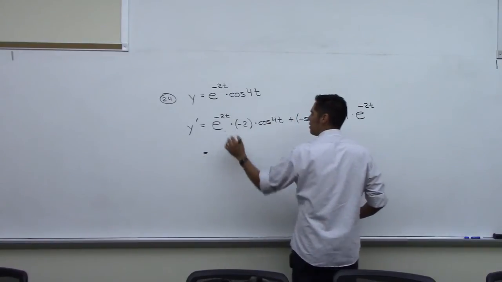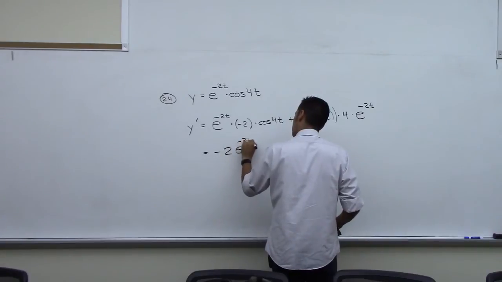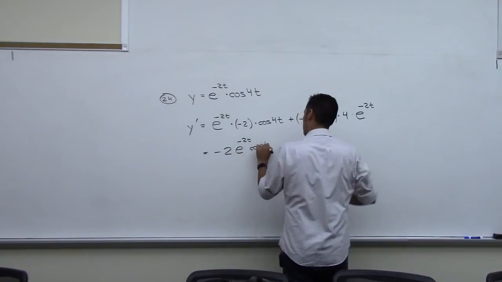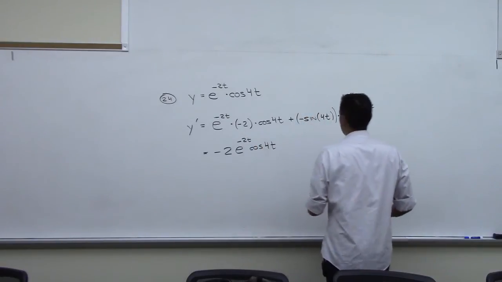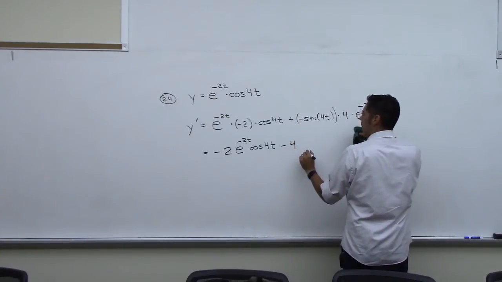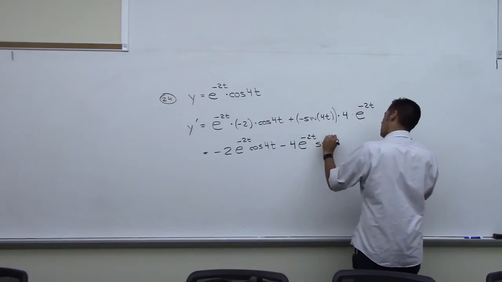Negative 2 times this, I'm just going to put negative 2 e to the negative 2t cosine 4t. And let's see, we're going to have a minus here also. So minus 4. I have an e to the negative 2t again. Then this time sine of 4t.